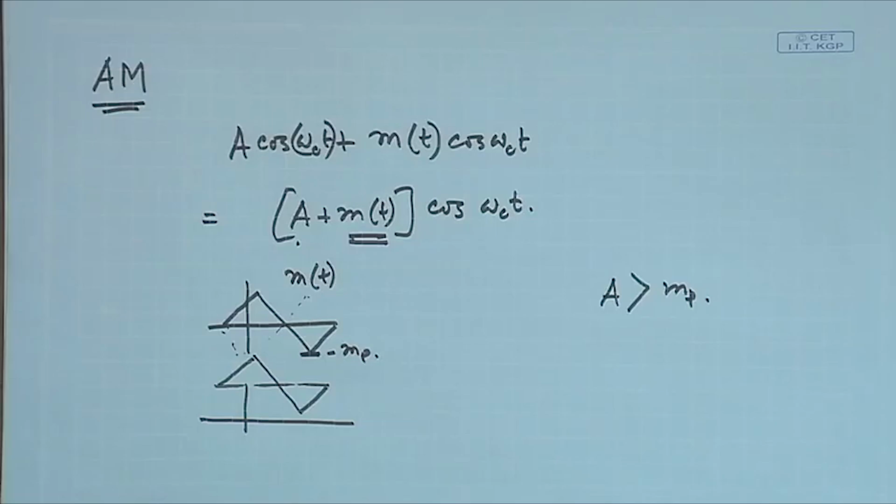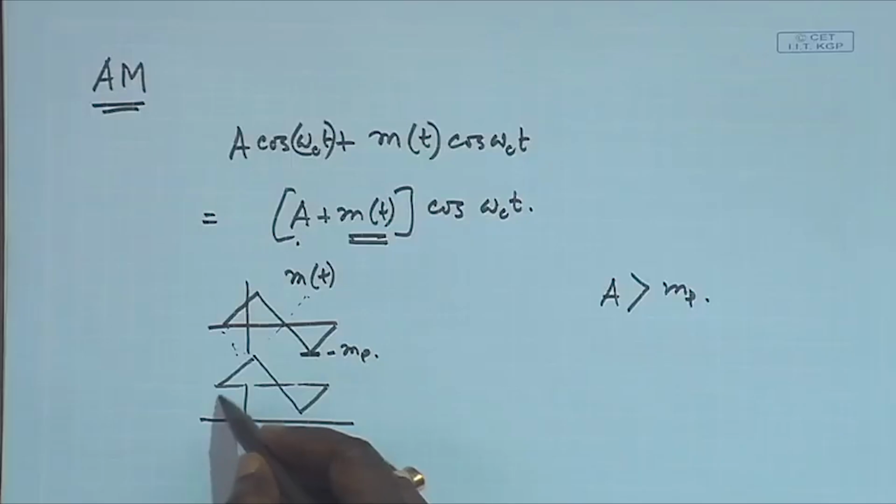So basically I am trying to avoid any zero crossing. That is all I am trying to do over here. So by adding a carrier, I am actually adding a DC term to the message signal. And why am I doing that? Because I know that whenever I multiply by cos, if there is a zero crossing, there will be a phase reversal. I want to avoid that phase reversal for a good reason, we will come to that.